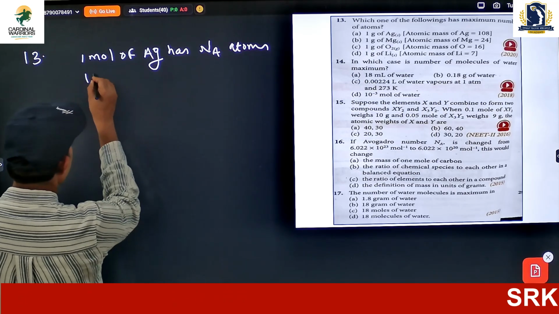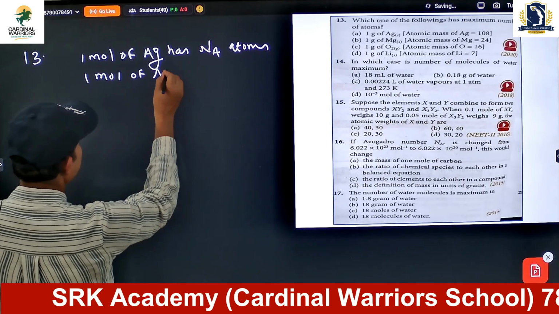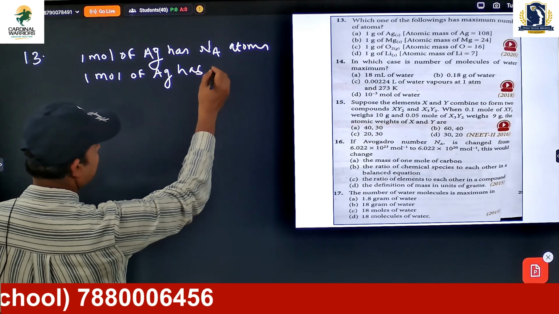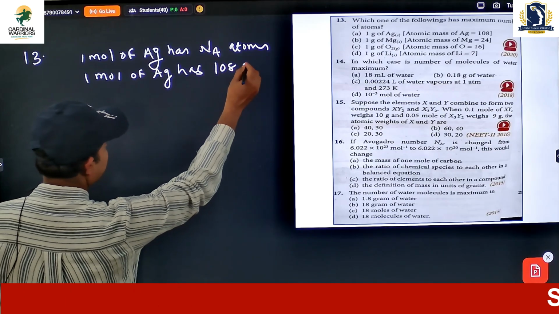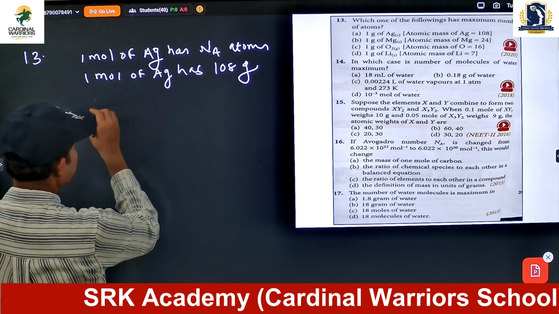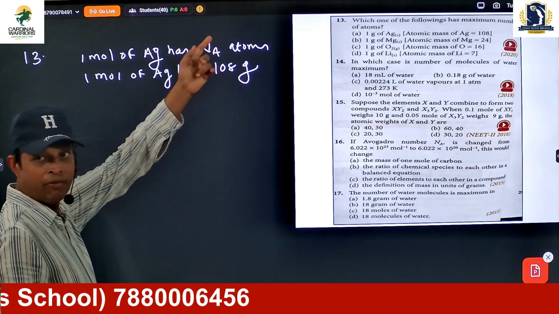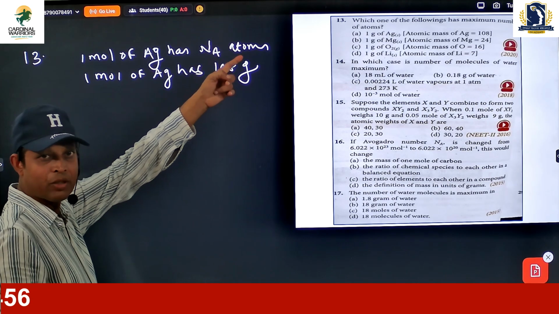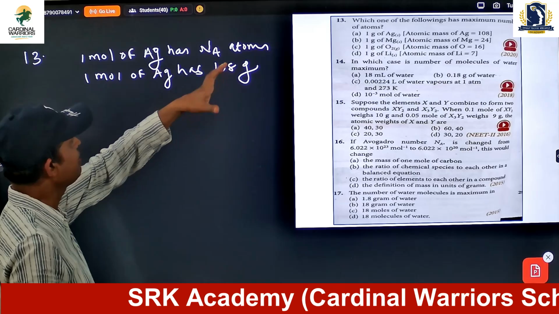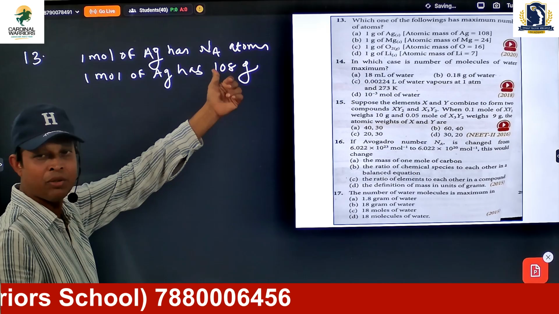And 1 mole of silver has mass equal to its atomic mass expressed in gram, that is 108 gram. So when we have Na number of atoms, the mass is 108 gram, right? If you combine both statements, Na number of atoms have mass equal to 108 gram.